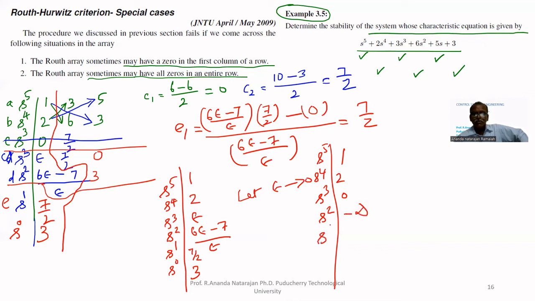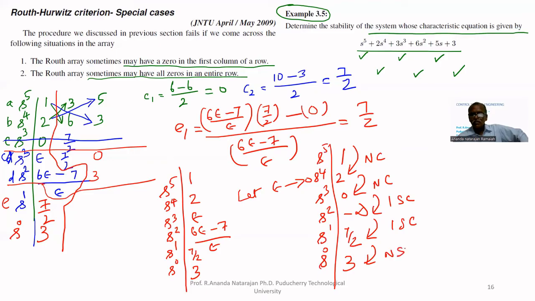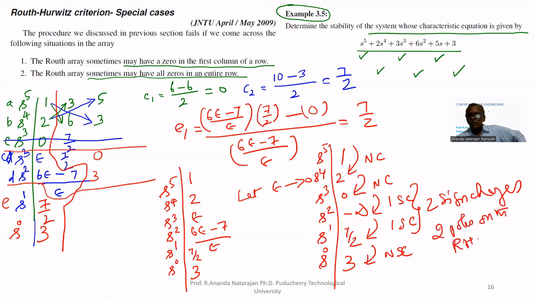S power 1 is 7 by 2, S power 0 is 3. How many sign changes? No change, no change, here one sign change, here one sign change, then no change. Only 2 sign changes. Therefore, 2 poles on the right hand side, hence unstable.